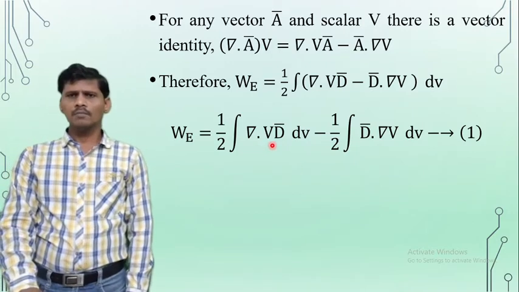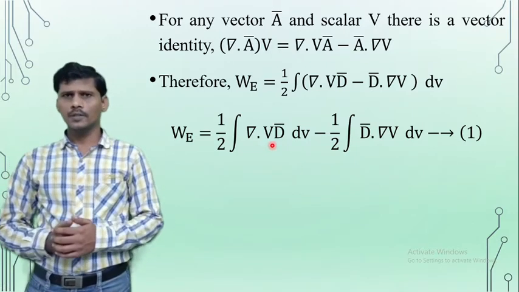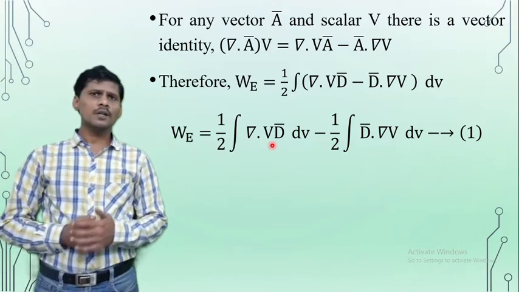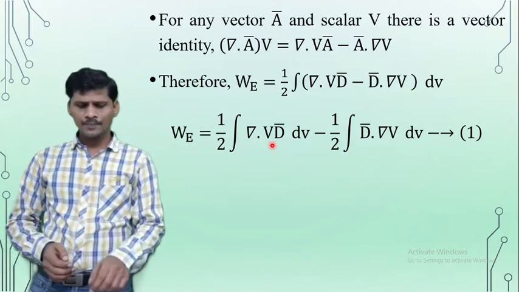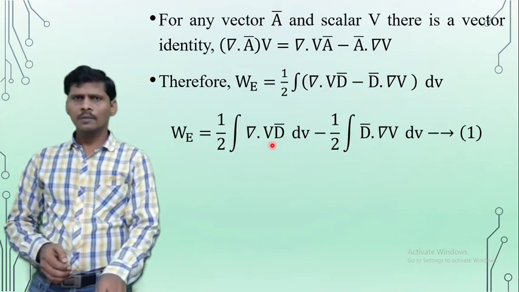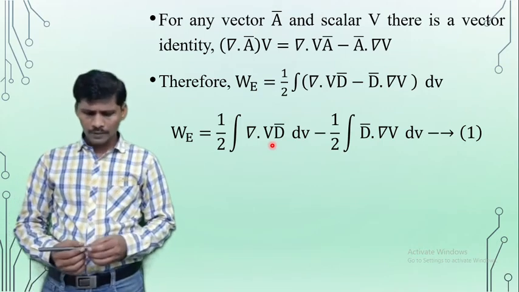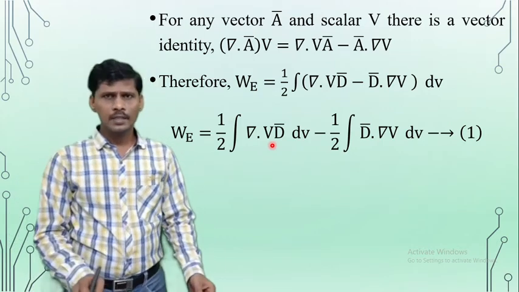And for the first term, we use the concept of the divergence theorem. So what is the significance of the divergence theorem? The closed surface integral is converted to the open volume integral. So what is the divergence theorem?